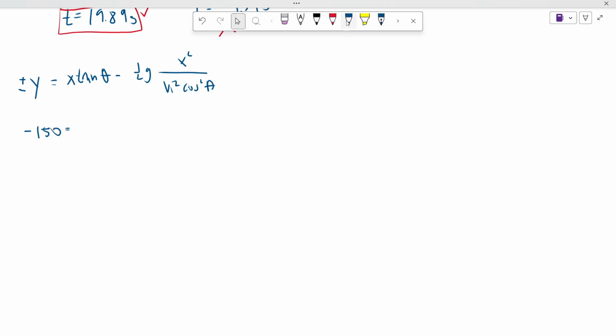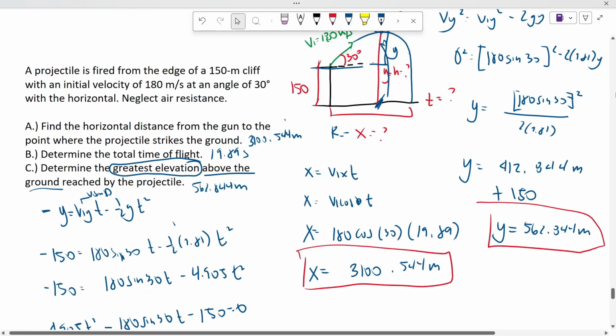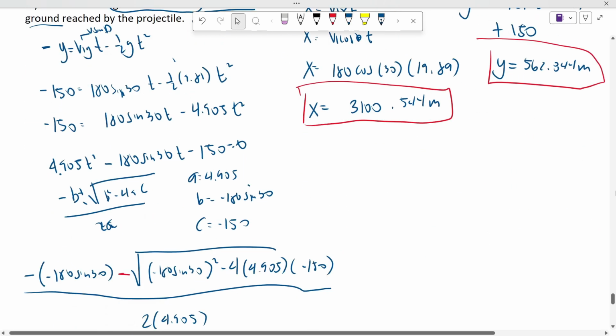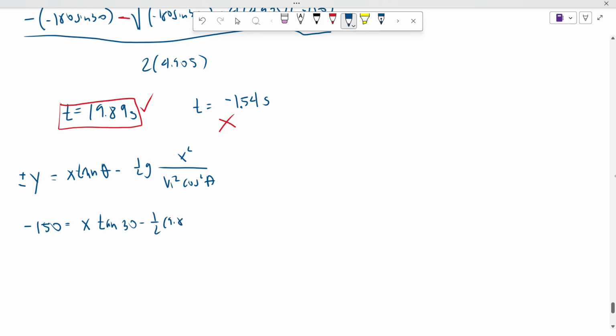The x is yung hinahanap natin since the x is hindi given, guys. Ito, naka-question mark, guys. Gets? And this will be a negative kasi below the datum. So negative 150 equals x tangent of theta, which is 30, minus 1 half of 9.81 x squared all over 180.